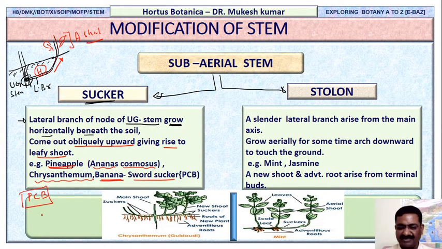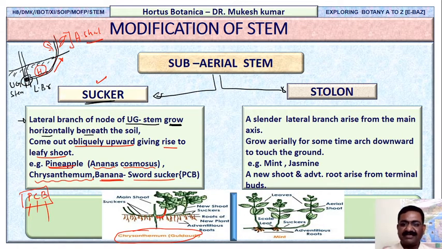You are a student of PCB, so just recall it as the sucker. Suck means choose jana. So just suck all physics, chemistry and biology for your NEET examination. So P for pineapple, C for chrysanthemum, B for banana, right? We have taken this example of chrysanthemum. How is it first growing? Yes, horizontally, and coming out in the vertical position.